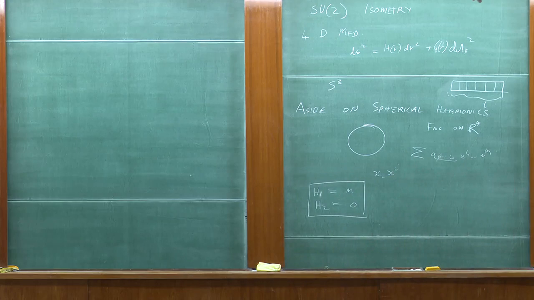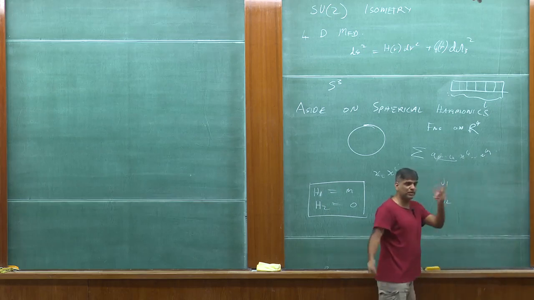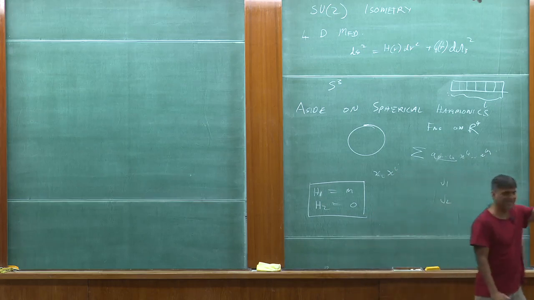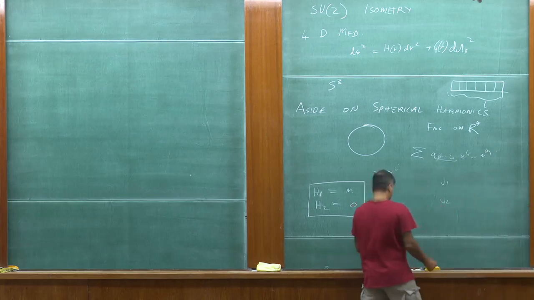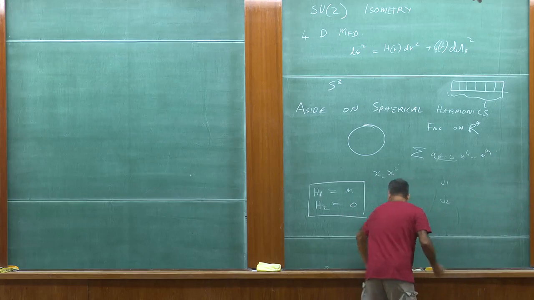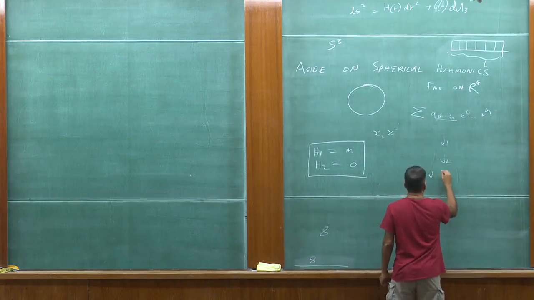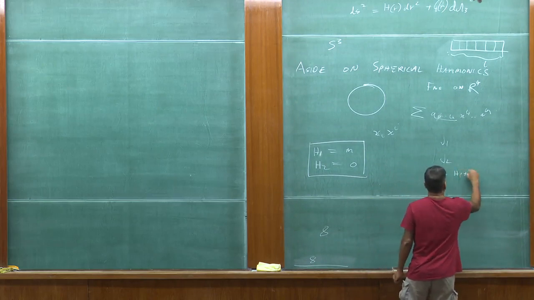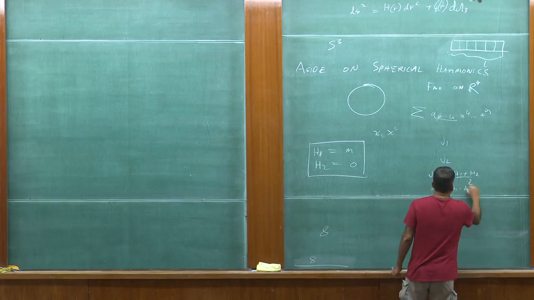Now let us remember what the relationship is, so let's suppose we call, I don't know, J1 and J2 the Cartans of the two SU2s, JZ of the first and JZ of the second. What is the relationship between the two? Well, I'll write down something and then I will check it. I believe J1 is equal to H1 plus H2 by 2 and J2 is equal to H1 minus H2 by 2.